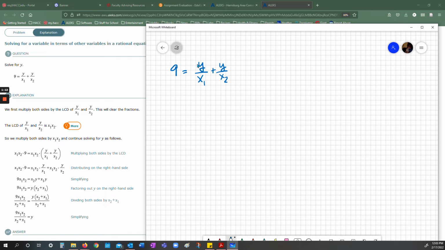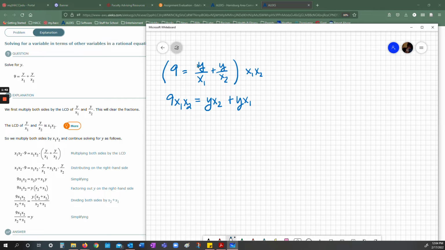So we're going to multiply both sides of the equation by an expression that would cancel x1 and cancel x2. So that's just multiplying these together. When we do that, the 9 will just be 9x1, x2. And then on the other side, the first y, x1 cancels, but we're still going to have an x sub 2. And for that second fraction, now x2 cancels, and we're still going to have an x sub 1.